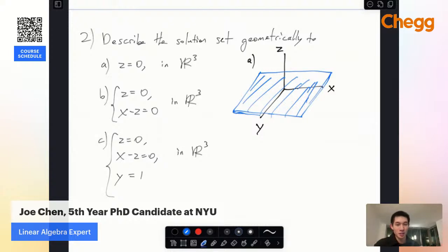And so the solution set gets knocked down by one dimension, right? So we started with R3 and now the solution set is 2-dimensional. So let me write that actually. Solution set is two-dimensional.